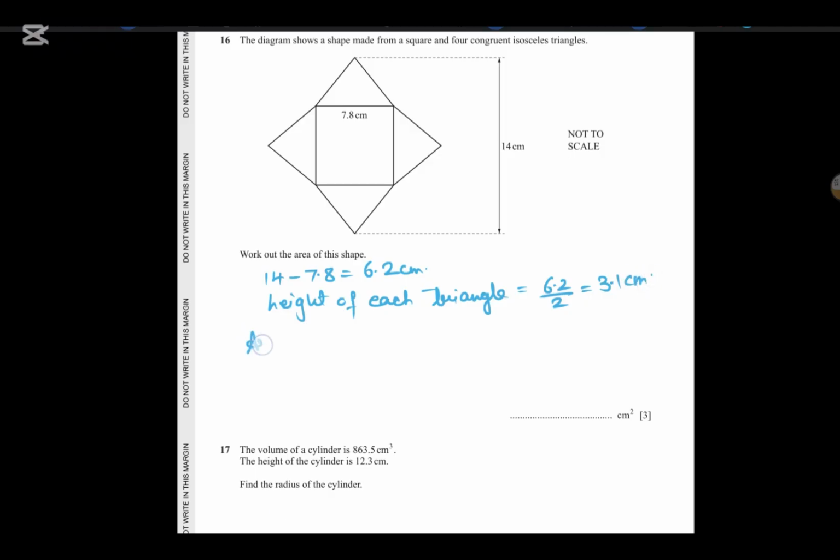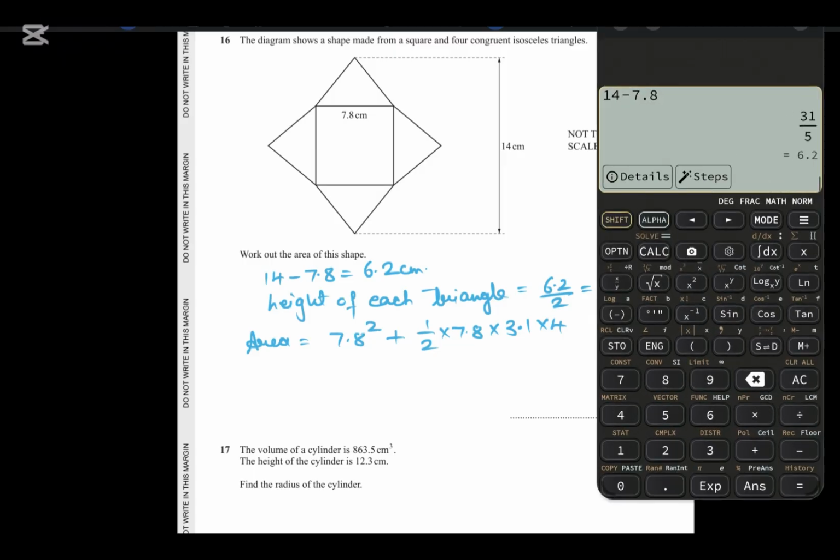Now find the area. 7.8 squared, that is side squared for the square, plus half into base into height into 4, because there are 4 triangles.